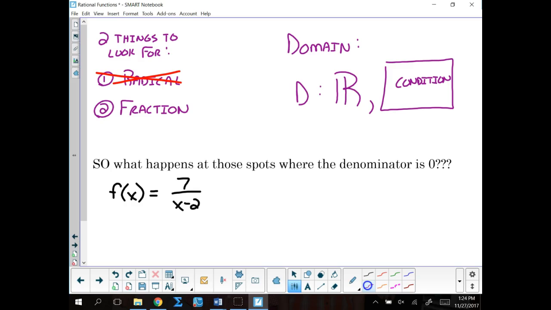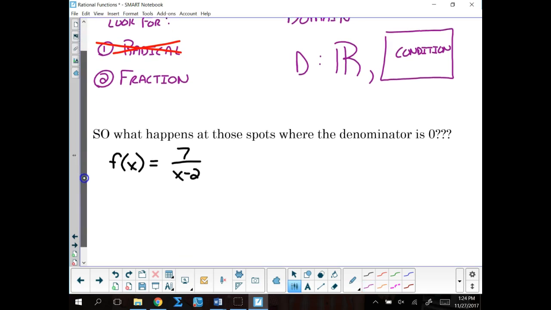Our goal is by Wednesday to be able to graph these things. Okay? Which means we got to do some stuff today and some stuff tomorrow in order for Wednesday to work. We will graph 7 over x minus 2 or something very similar to it by Wednesday.